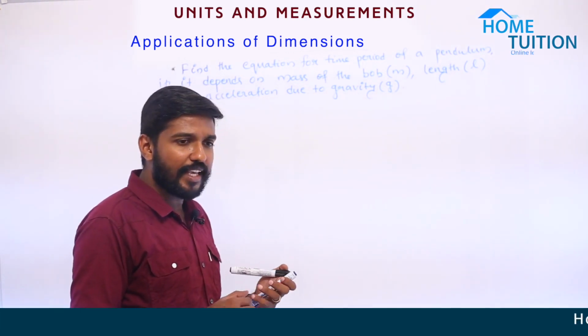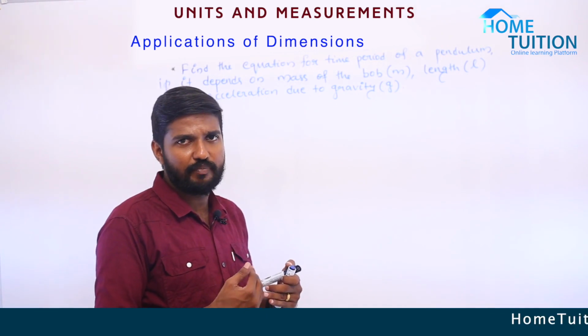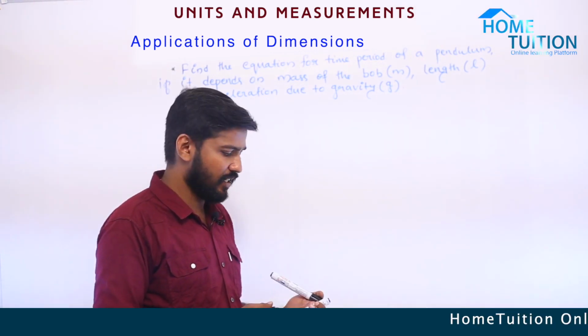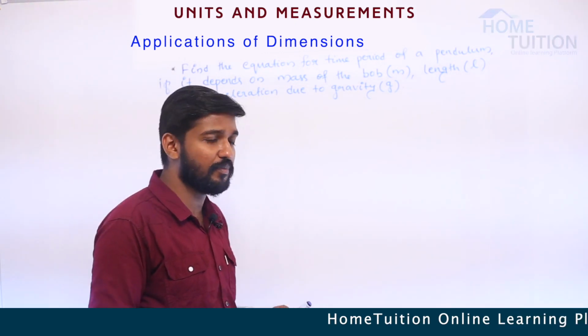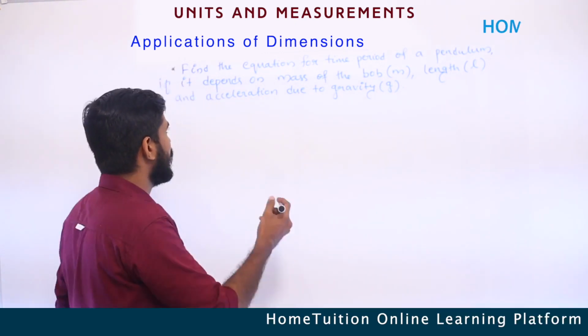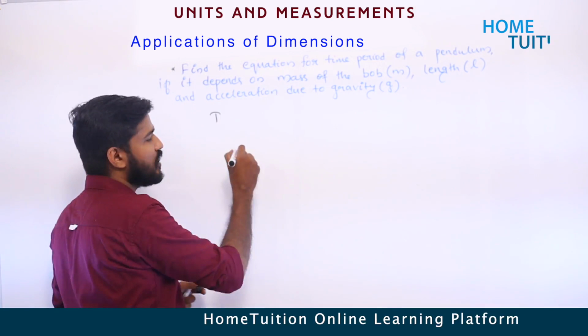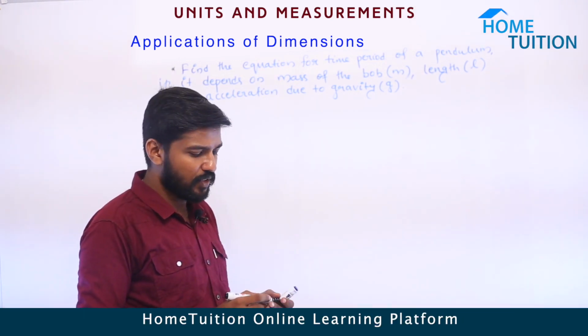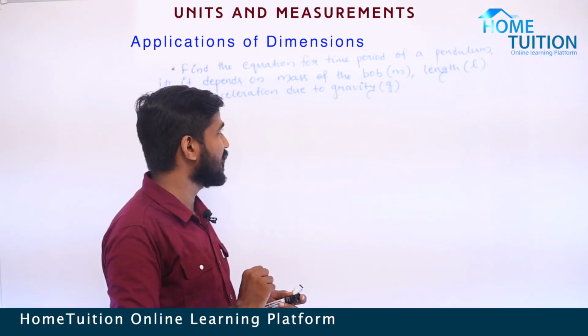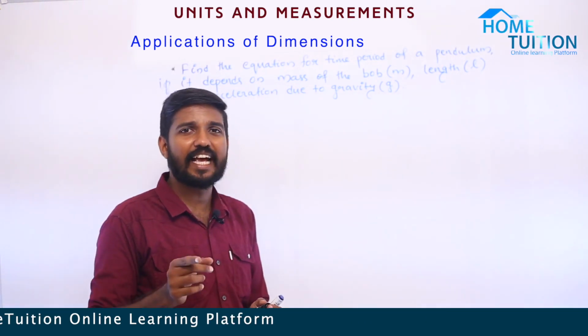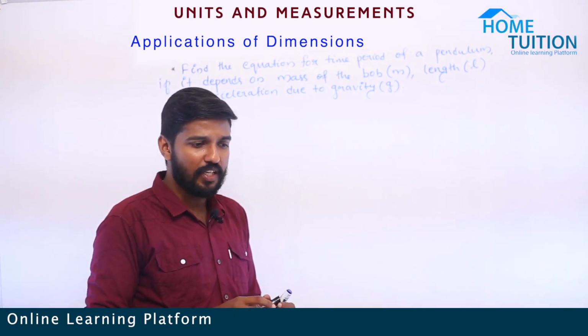So to express the dependency of the time period, let us assume capital T is the time period of the pendulum. It is given that it depends on mass, length and acceleration due to gravity g.